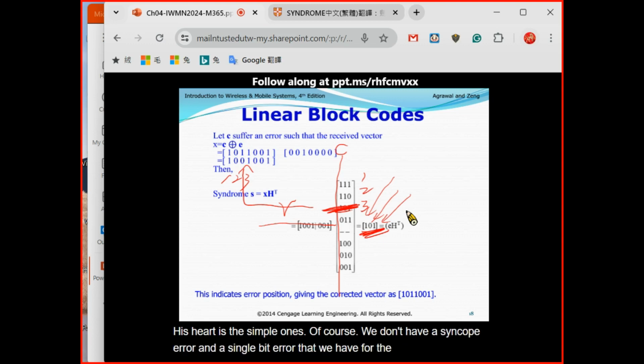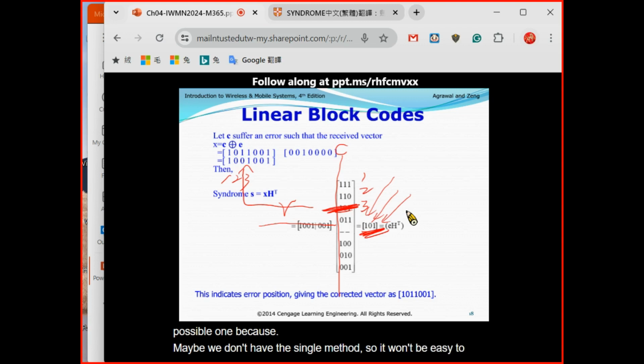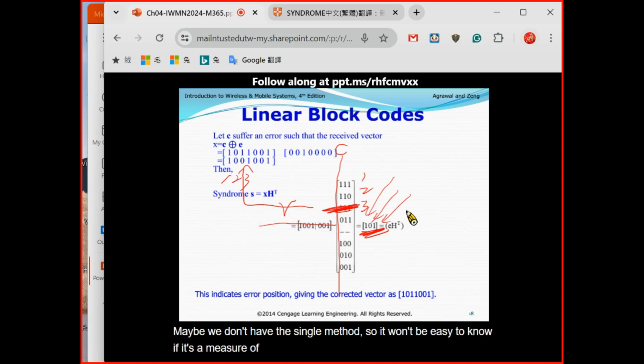Perhaps some of you may ask: is it possible to have any combination and still find the combination of bit flips? It's possible, but sometimes not really easy to find all the possible ones because maybe we don't have a single mapping. So it won't be easy to know if it's a mixture of the combination and reverse it. Sometimes no, but this time it can be reversed, so no problem.